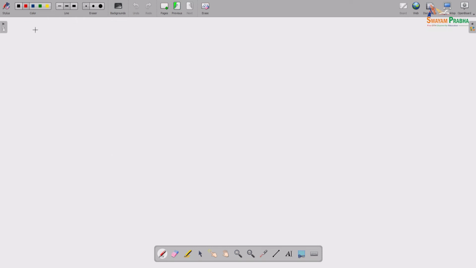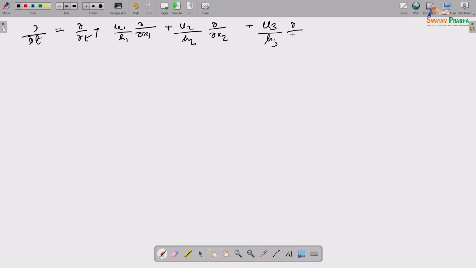The operator, d dt. So these are the three equations, and we have this operator here.